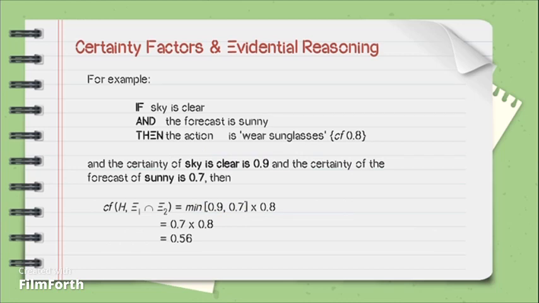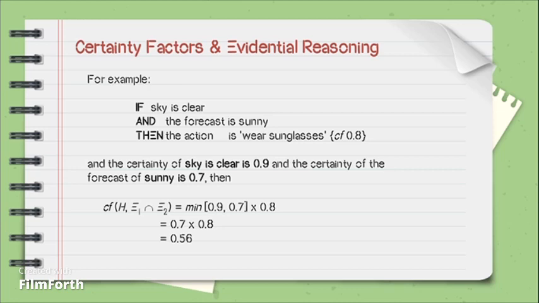So for example, if sky is clear and the forecast is sunny, then the action is wearing sunglasses, with a hypothesis CF of 0.8, and the certainty of sky is clear is 0.9, and the certainty of forecast is sunny is 0.7. So here is the example of getting the equation to find the certainty factor.